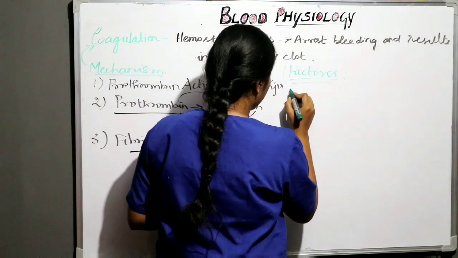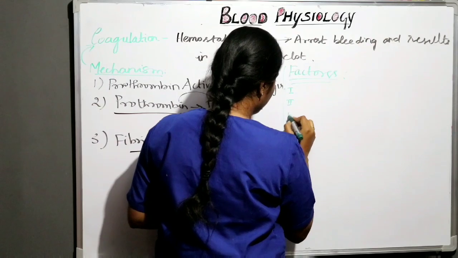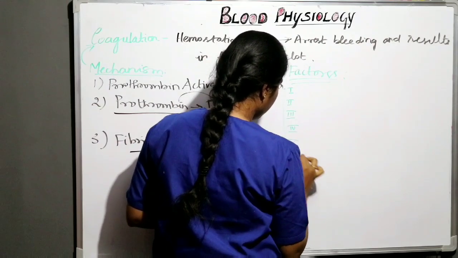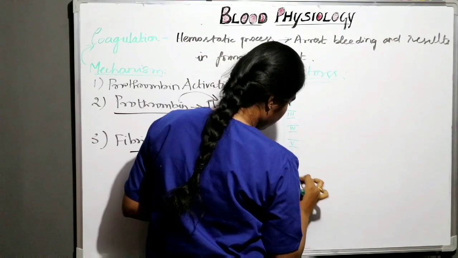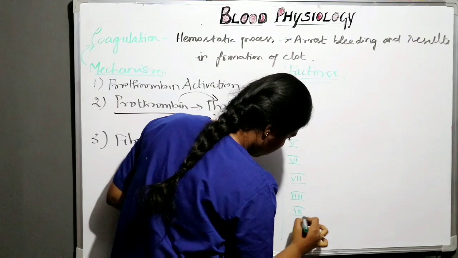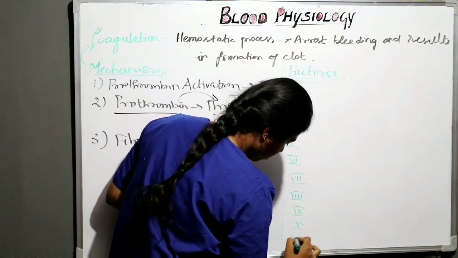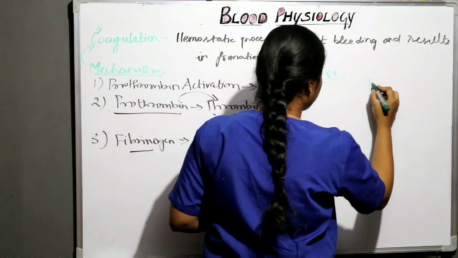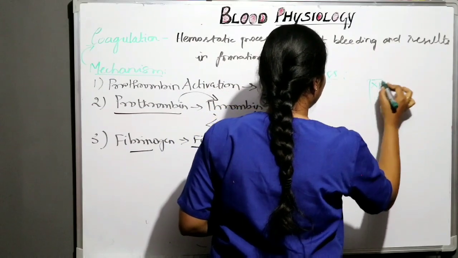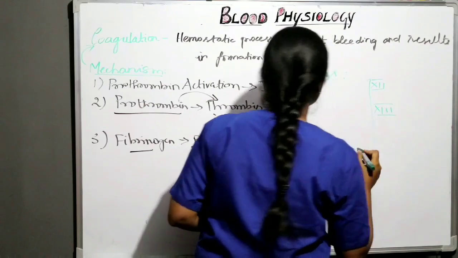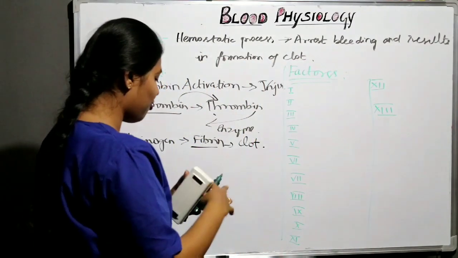We will discuss them one by one. So totally there are 13 coagulating factors.